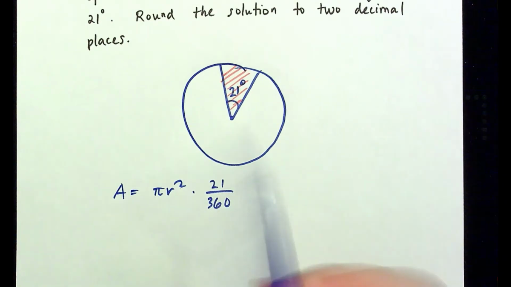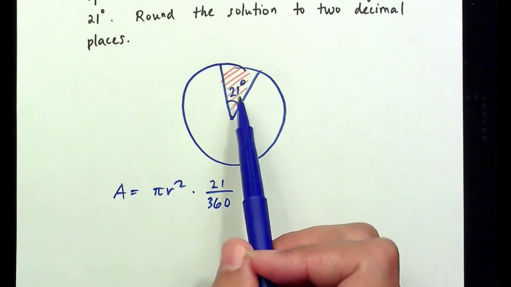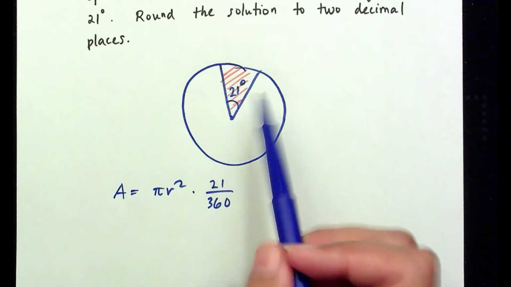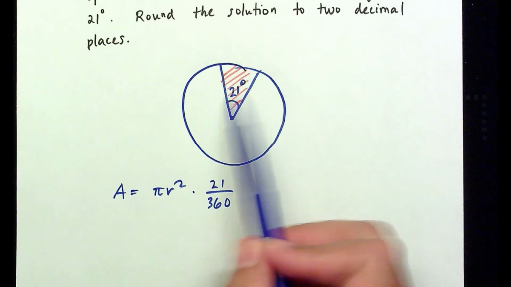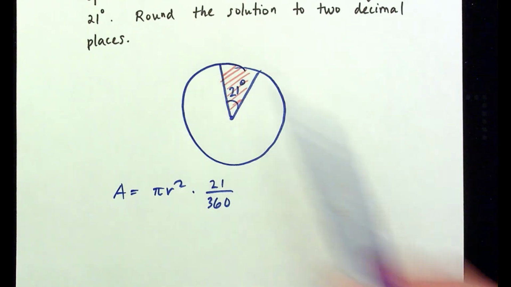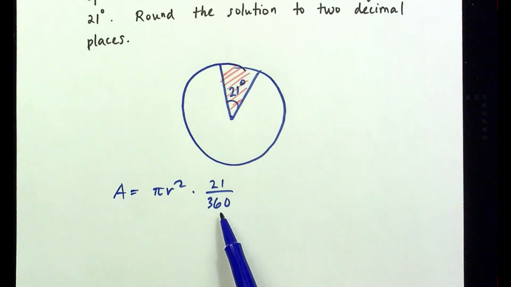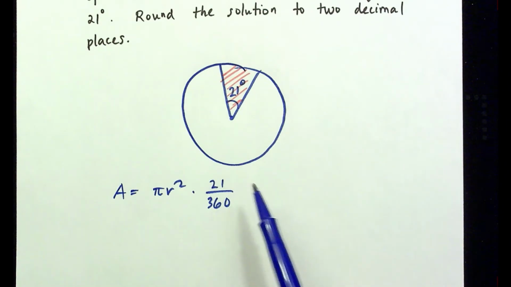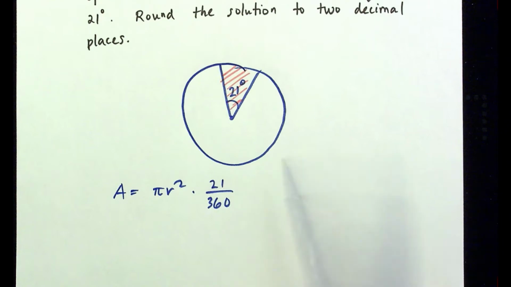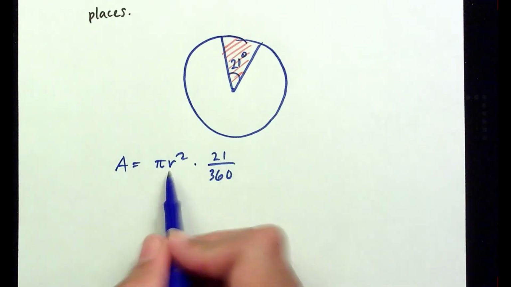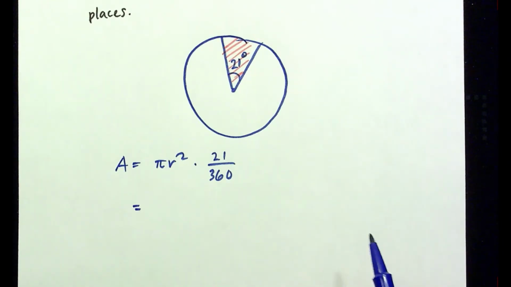If the angle had been given in terms of radians, then it would be over 2 pi. It is the measure of that angle over the totality of the circle. The complete circle is 360 in degrees and 2 pi in radians.